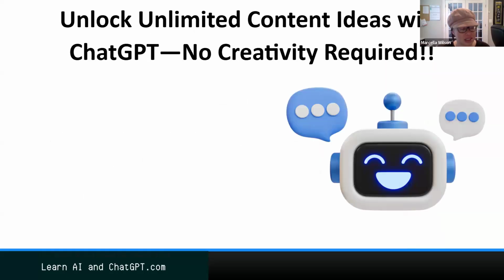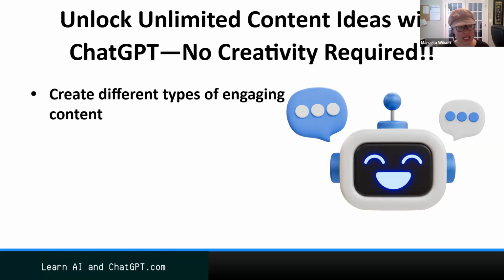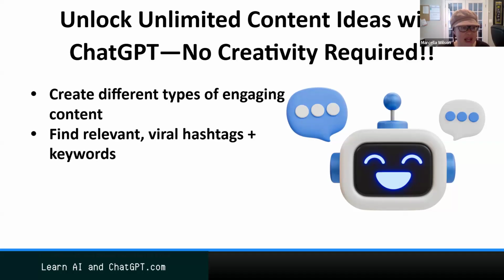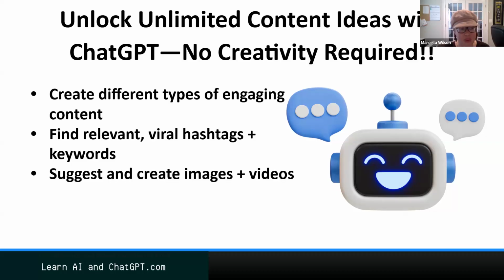But when I started to use ChatGPT for my content ideas, I realized I didn't have to come up with ideas. I just let ChatGPT do everything. It could create different types of engaging content. ChatGPT could find relevant viral hashtags and keywords. ChatGPT could suggest and create images and videos. I remember I used to spend money on images.